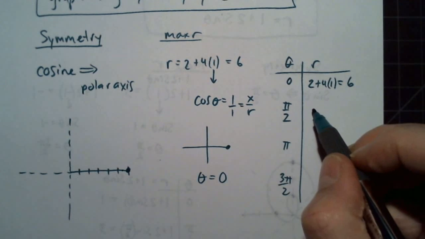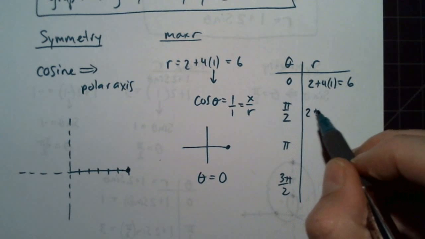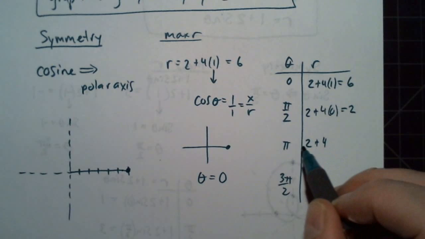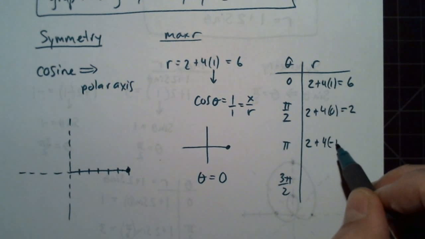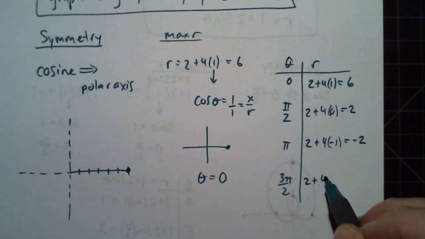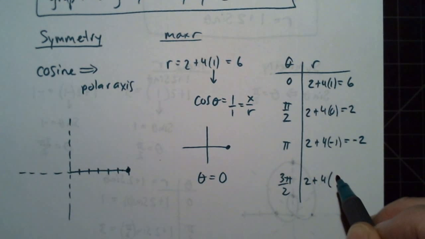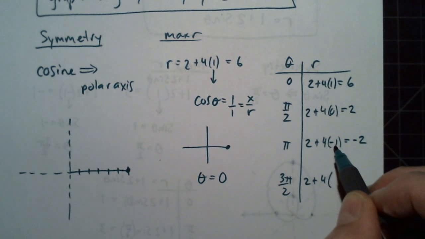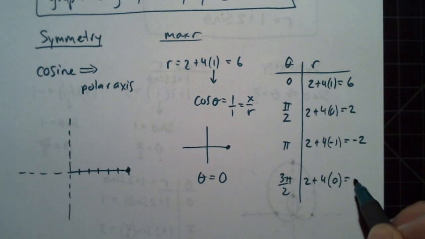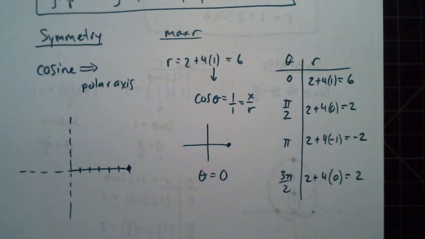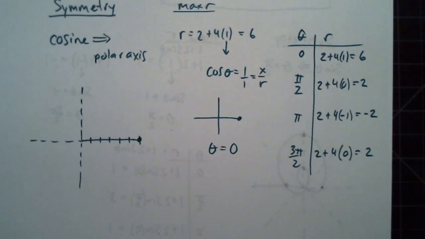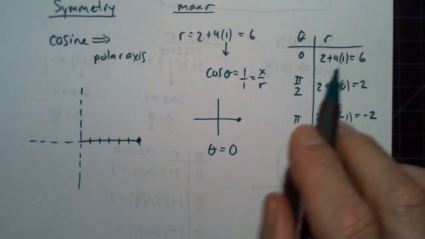Cosine of pi over 2 is 0. Cosine of pi is negative 1. And cosine of 3 pi over 2 is 0. Okay, so at 0, 6, we have that.